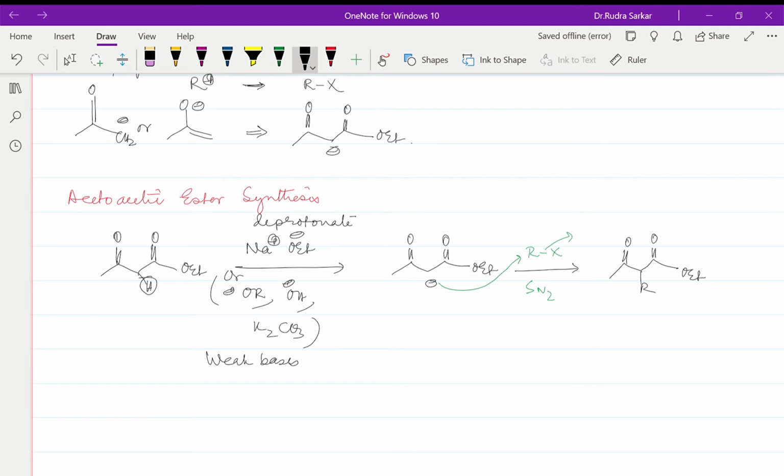Out here, the reactions can be carried out in very mild conditions, and this will allow greater selectivity and stabilization of the enolate, which can react with the electrophiles, which are basically our RX.